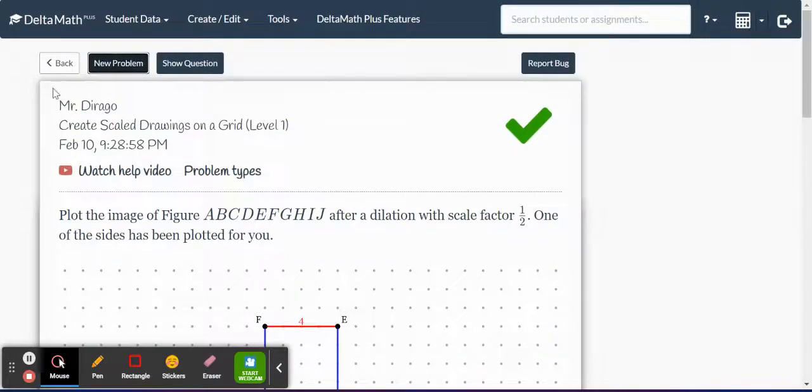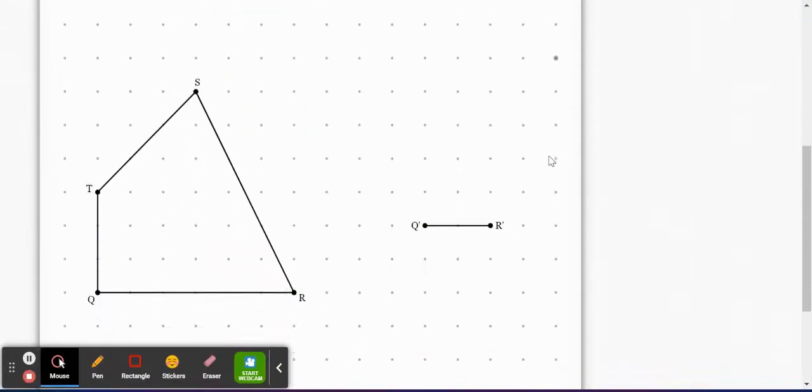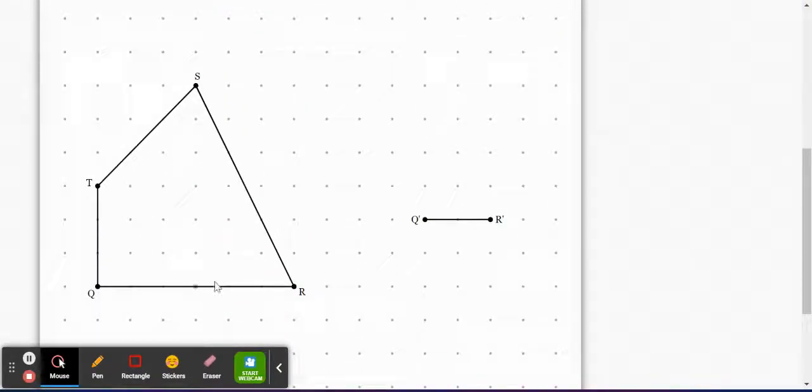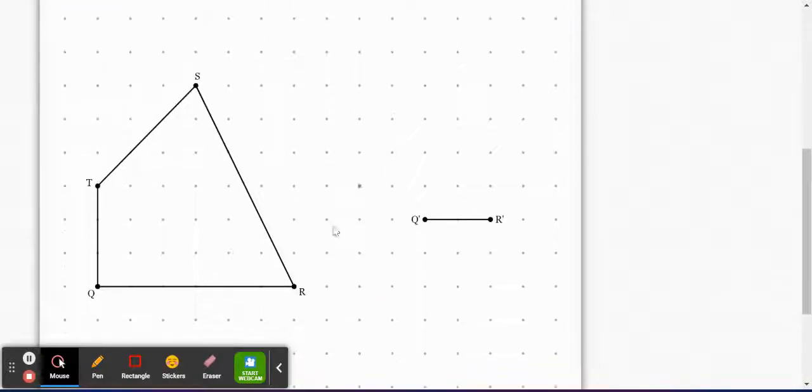All right, let's take it up a notch. Level 2. Okay, right here. QR, what's our scale factor? 1/3. So this is getting smaller. So when I do this, you have to multiply by 1/3. Now let's figure out QT. QT is 1, 2, 3.